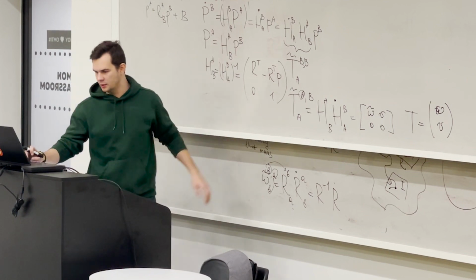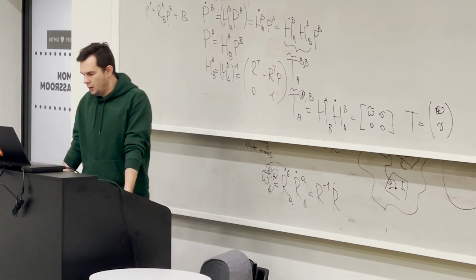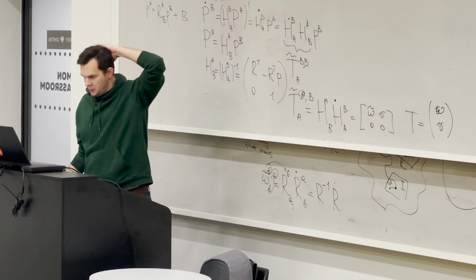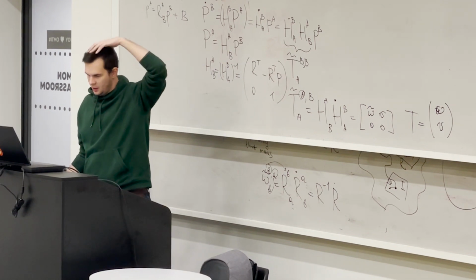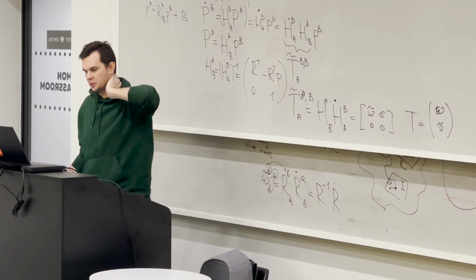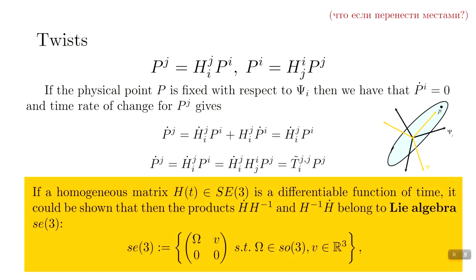So if the homogeneous transformation matrix is a differentiable function of time, it can be shown that the product belongs to something called the Lie algebra SE3.